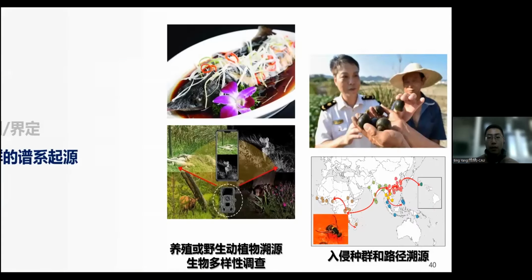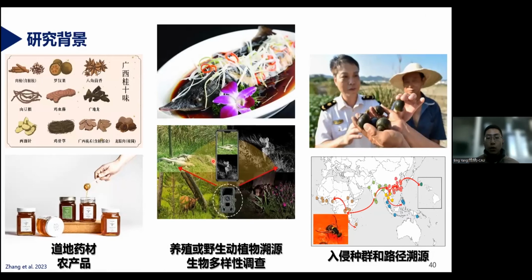And then I'll talk about the background of the research. Origin or traceability is very important. For example, we need to find the origins of traditional medicine and to distinguish between products that are artificially cultured or poached.